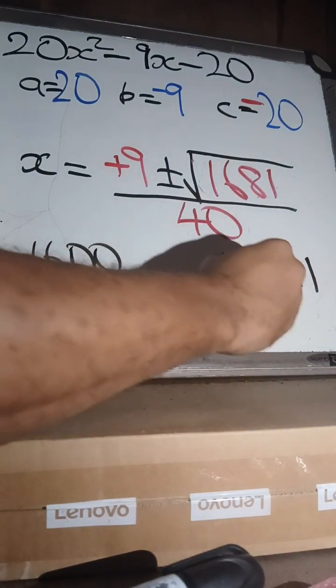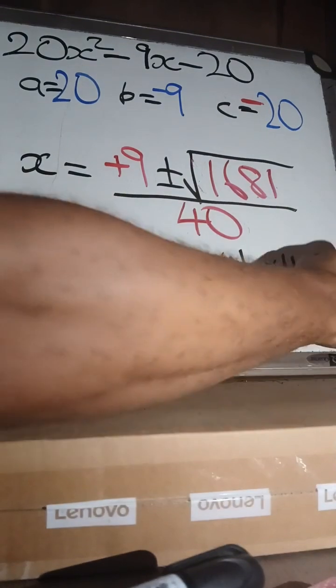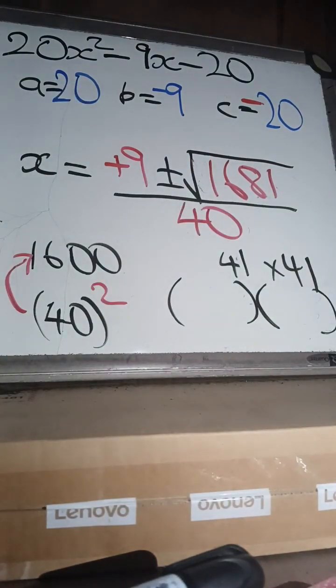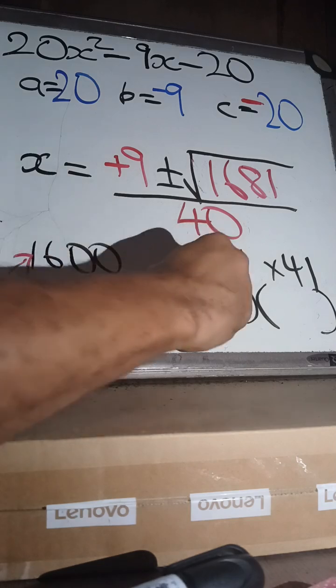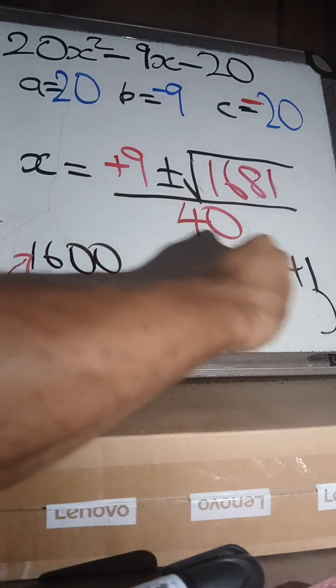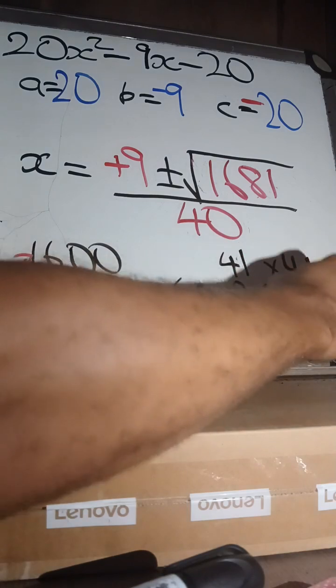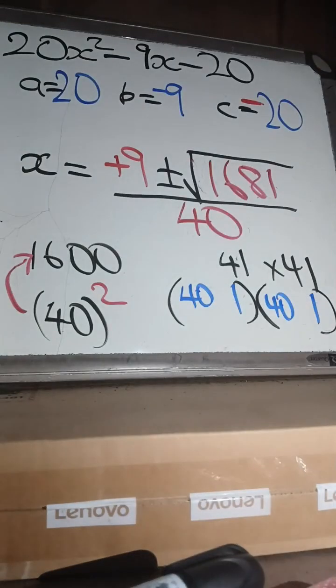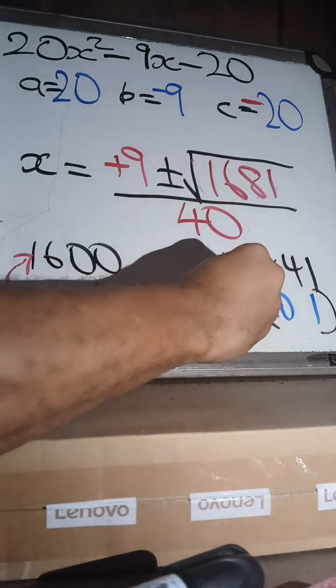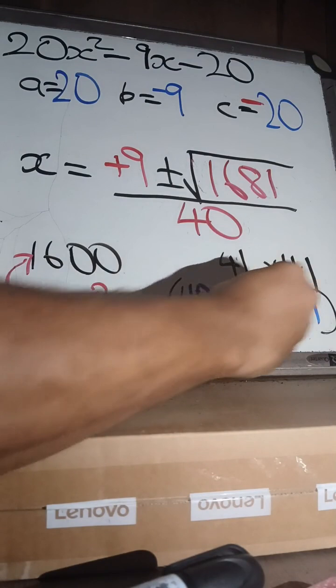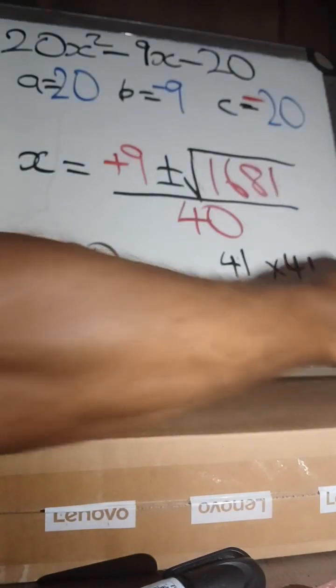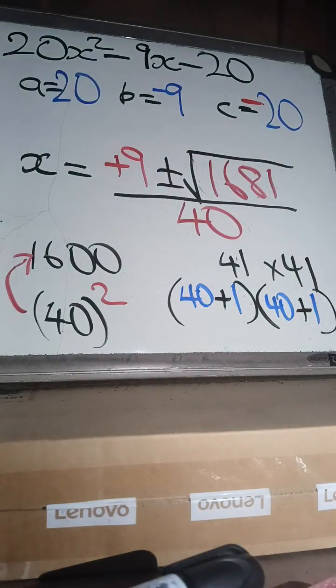That means we can replace it with 40 plus 1. So I could write 40 plus 1, 40 plus 1. Now when I'm positive, it's nice because you don't have to worry about the negative signs, right? So 40 times 1 is 40. 40 plus 40 is 80.